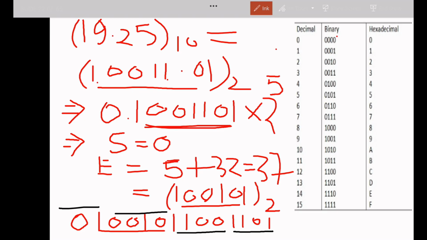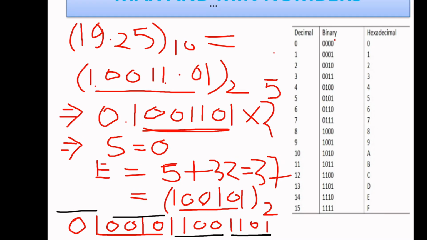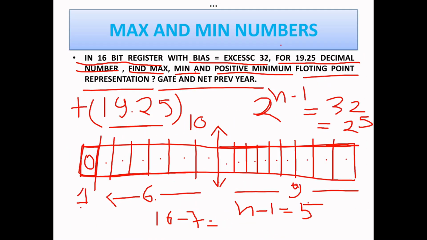Now after that I will check what is my exact answer: 0 1 0 0 0 1 0 0, and after that 1 0 1 1 1 0 0 1 0, 0 1 0 1 1, then 0 0 1 1 and 0 1 0 1. If you check the mantissa, one thing I have not written here, also 0 0. I am placing it here.